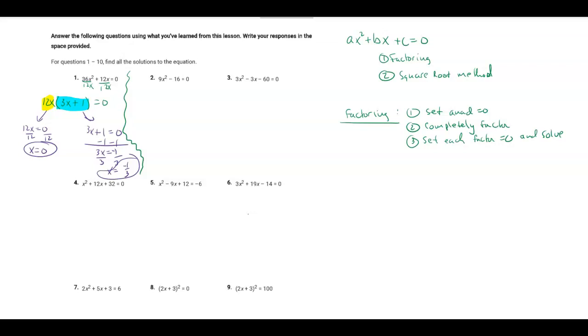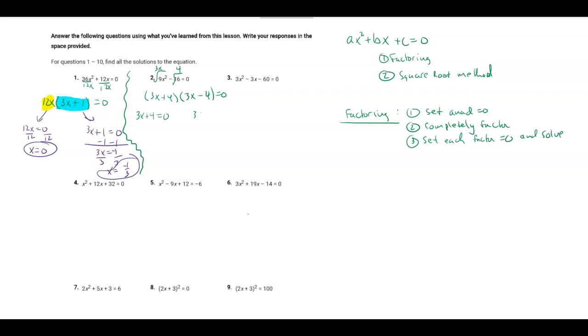In the next one, right, we have a difference of two squares. So what we're going to do, take the square root, that gives me 3x. This gives me 4, so this factors out to be 3x plus 4 times 3x minus 4 equals 0. So what we do now is we take each of these factors, 3x plus 4, set it equal to 0.